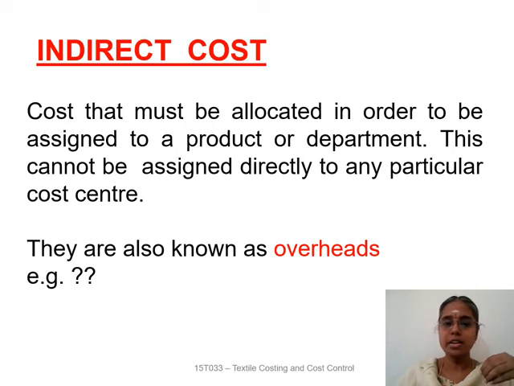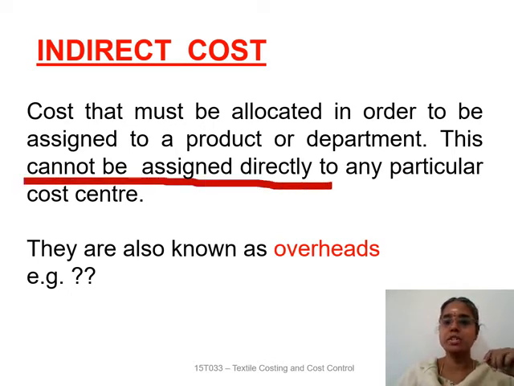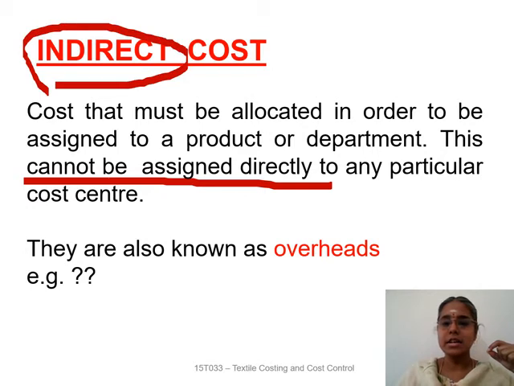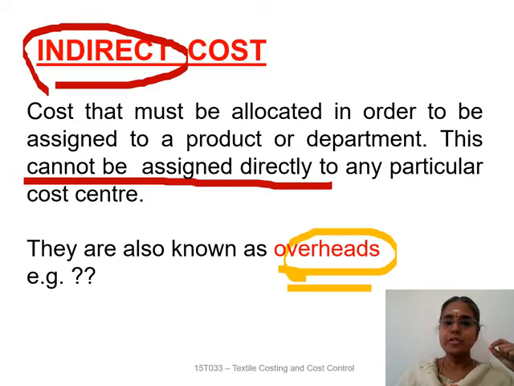So what is indirect cost? When a cost cannot be directly assigned to a particular cost center or a product, it is called indirect cost, and the other term is overheads. I think you would have already heard these terms, but I am trying to give the understanding of them. The cost must be allocated, as you cannot directly assign it to some product.